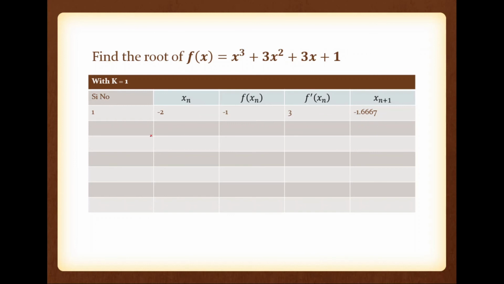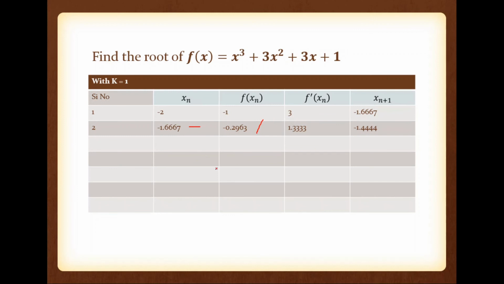Now, what about the second iteration? x_n is minus 1.6667, so f(x_n) is minus 0.2963. f'(x_n) is 1.3333. So what about x_{n+1}? x_n minus f(x_n) divided by f'(x_n). So we have minus 1.4444.